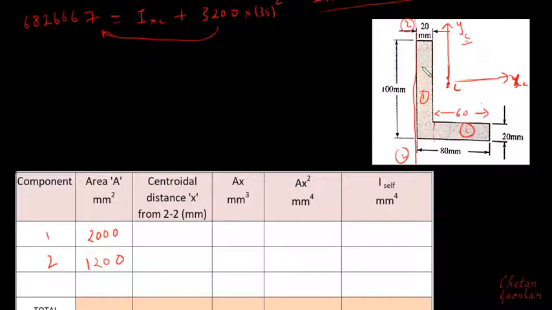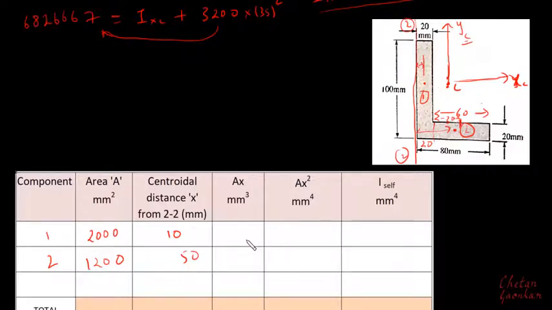So this is nothing but the distance between the reference axis and the centroid. This distance will be 10, whereas the distance for the second will be 20 and this will be 30, so this will be 50.